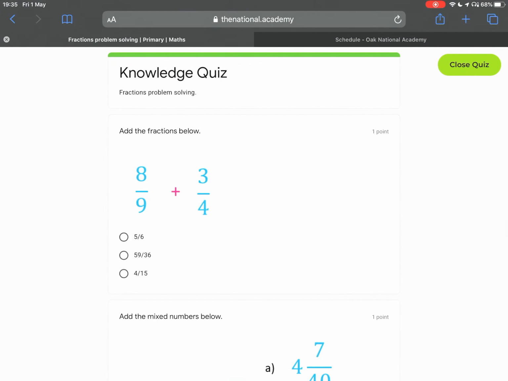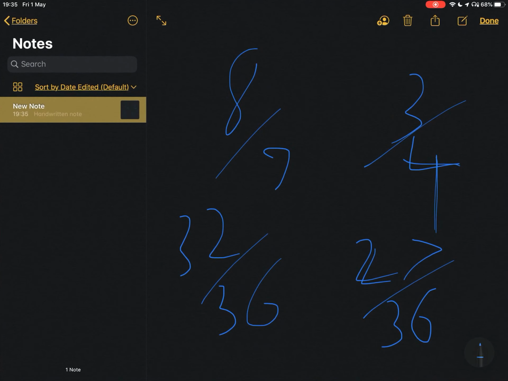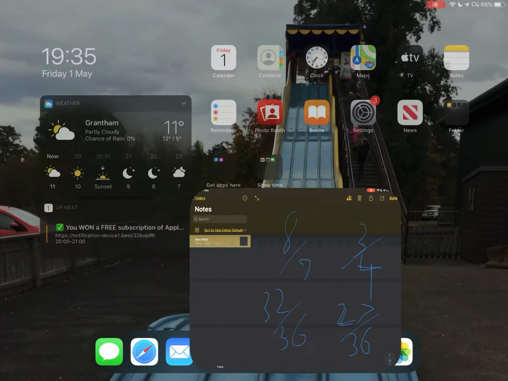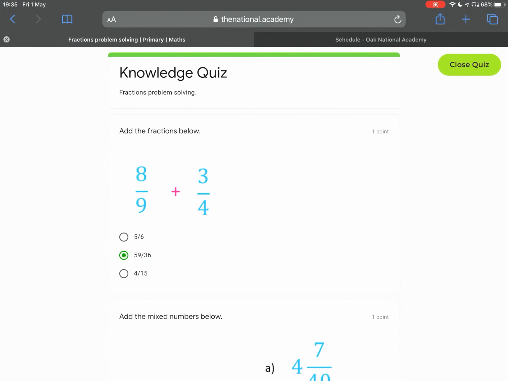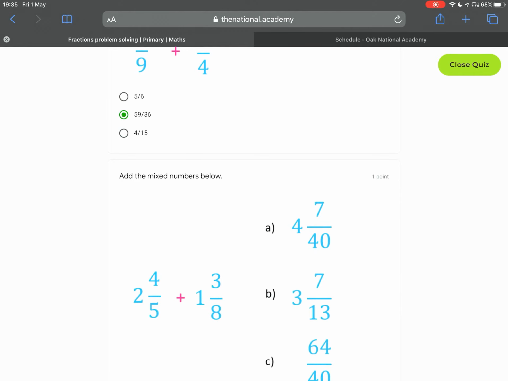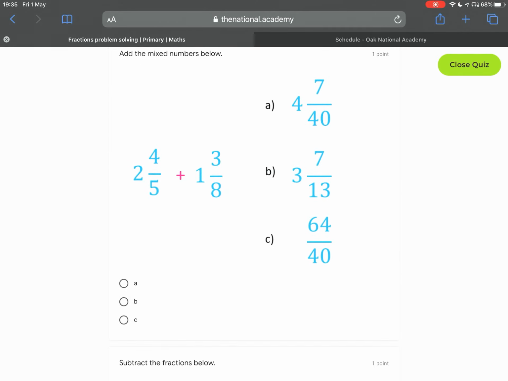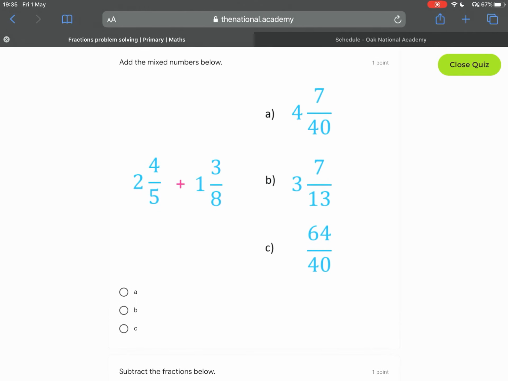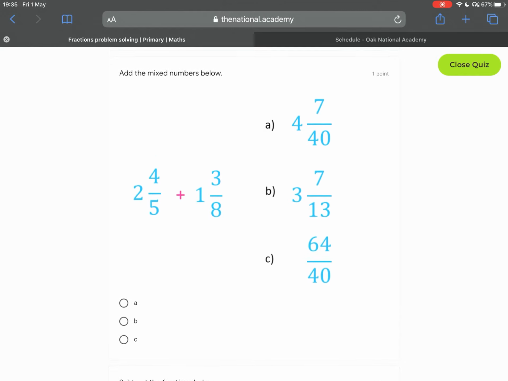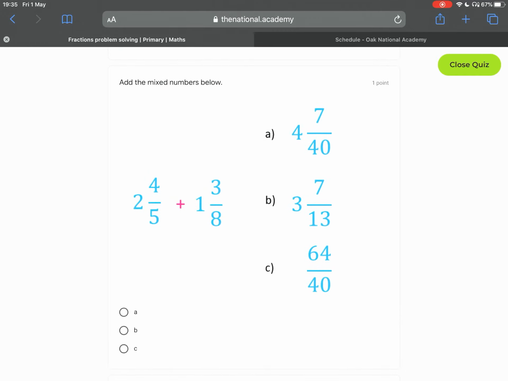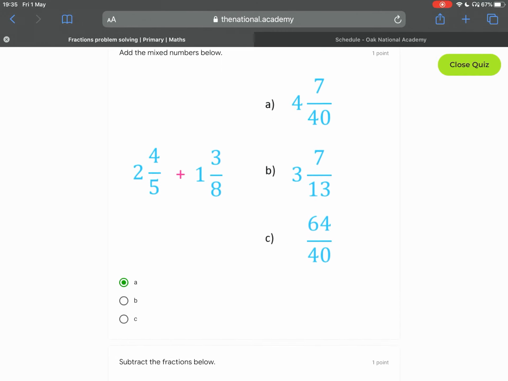We need to add them together, which would make 59/36. Add the mixed numbers below. Here you can see the C is not a mixed number, and here obviously it's not going to end up with a denominator of 13, so it's A.